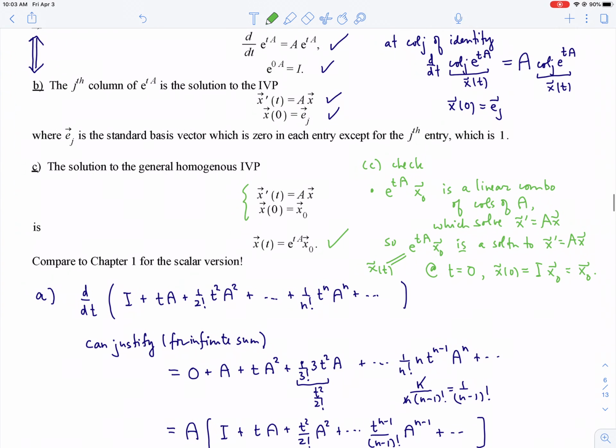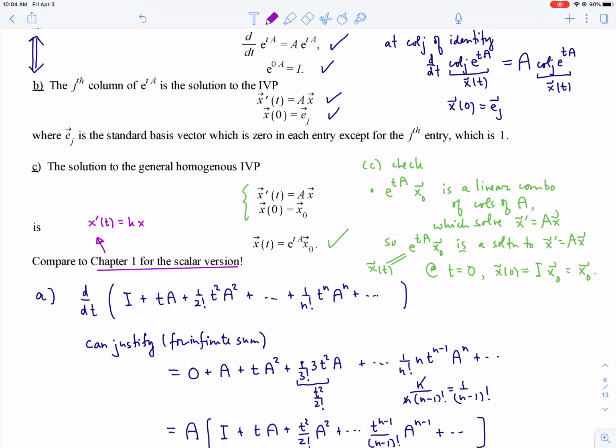And this looks just like chapter 1, except we've replaced all of our scalars with vectors. So in chapter 1, if we were doing the scalar equation, x prime of t equals kx, that was just an exponential growth or decay equation.